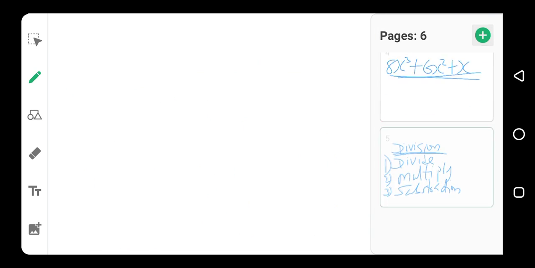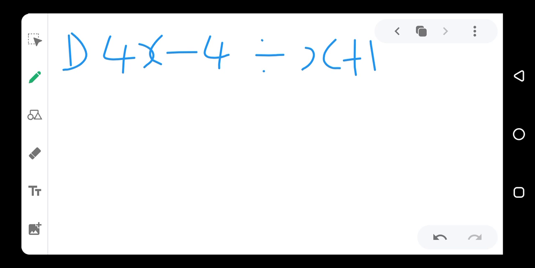Now, for instance, if you have something like 4x plus 4 divided by x plus 1.